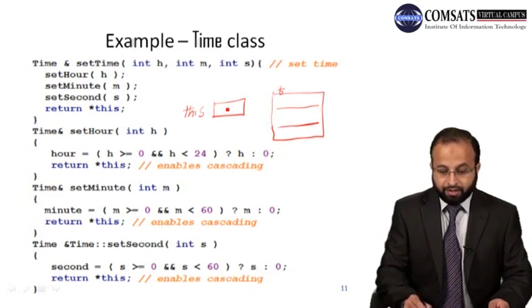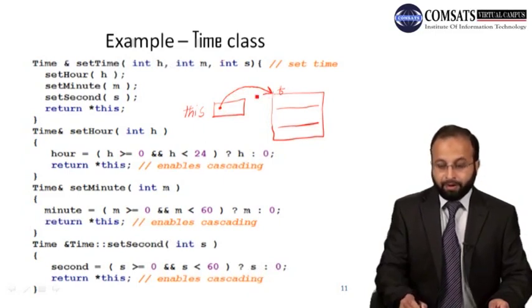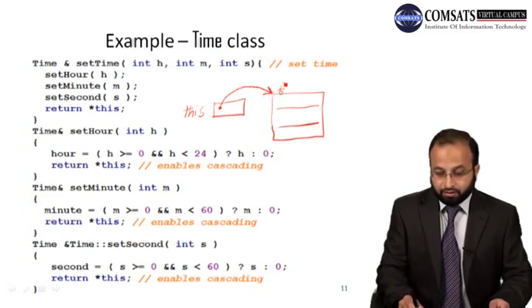This memory location contains the address of that memory location, so this means that this memory points to that memory location, right? Now this pointer is basically a pointer to the object T of class time.